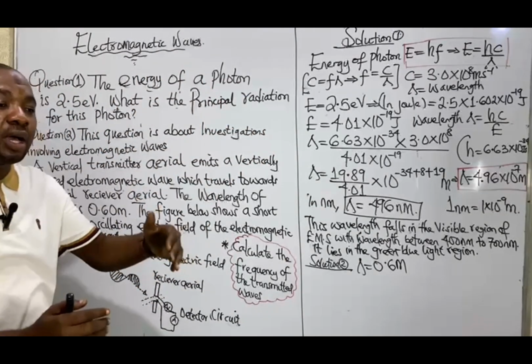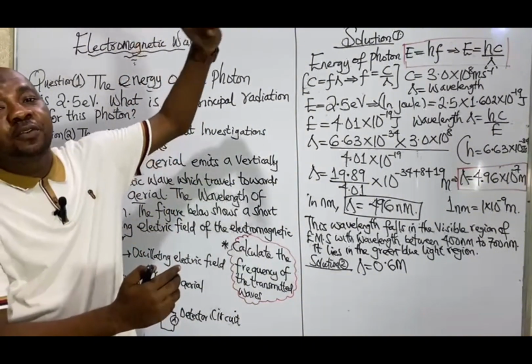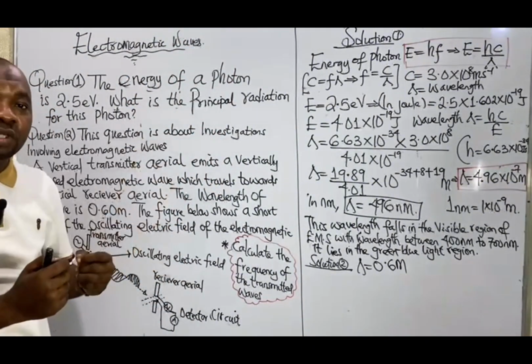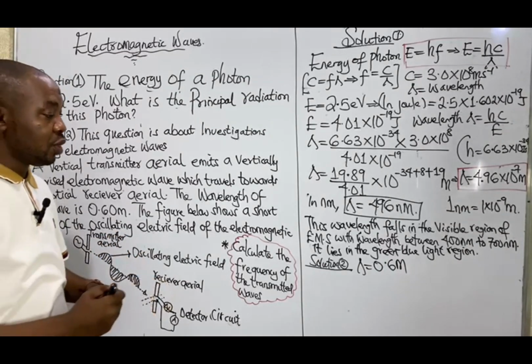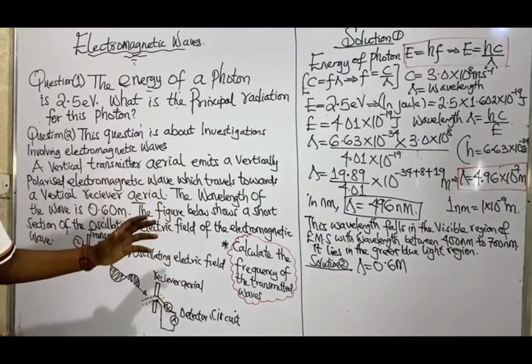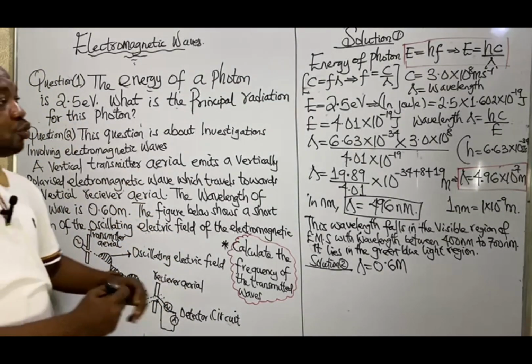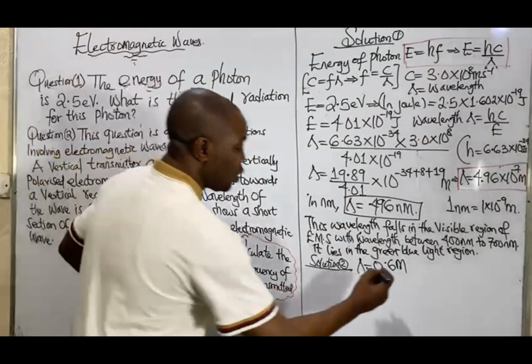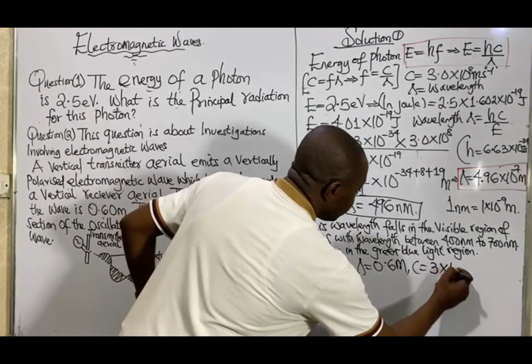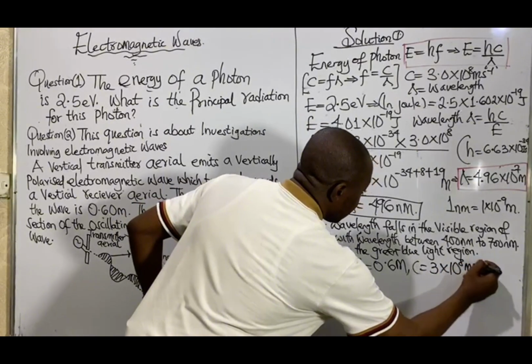Mechanical waves can only exhibit those four properties, except the one we call polarization. So the speed of light will remain as 3.0 times 10 raised to the power of 8 meters per second.